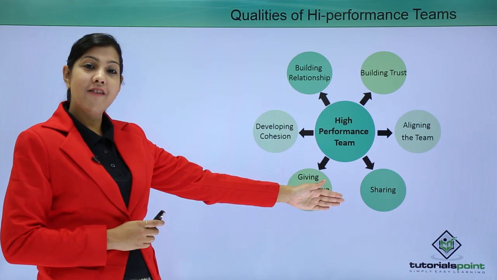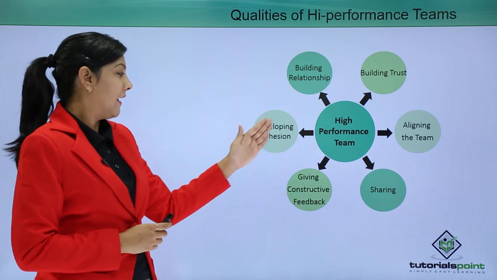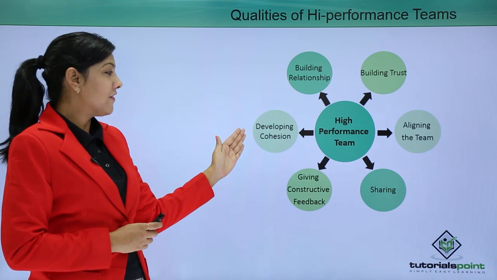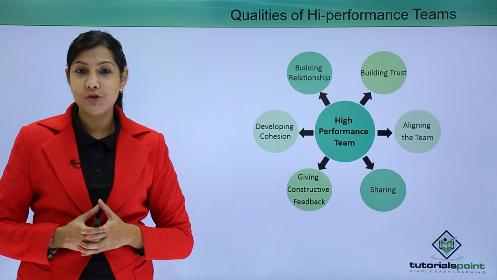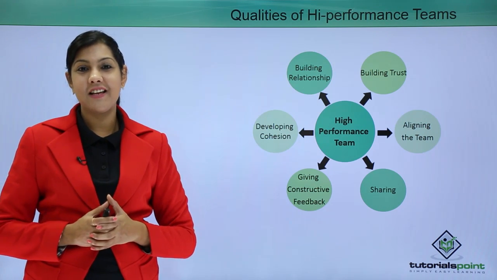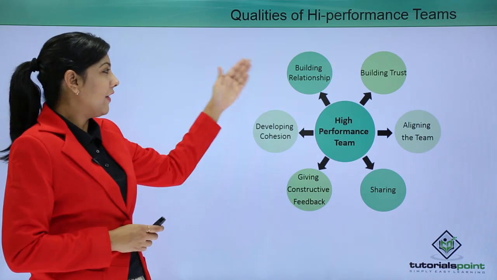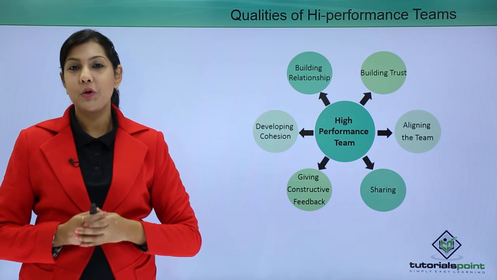They also share and care a lot for their team members, so sharing and caring go together. They give constructive feedback to their people. They have developed cohesion. By cohesion, I mean that they really collaborate together and share everything to make sure that they complete the company's vision. And they also help to build relationships, because trust and relationship go together.